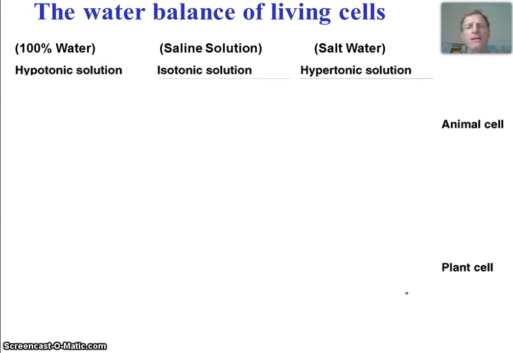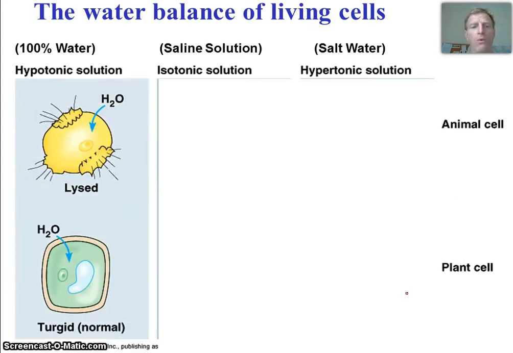So let's say we put a cell in a pure water solution. We have a greater concentration of water outside the cell, less concentration inside the cell, and again, water can pass through the membrane. So what's going to happen? Water is going to flow in at a greater rate than it flows out. The cell is going to swell up, and the cell is going to eventually lyse and rupture.